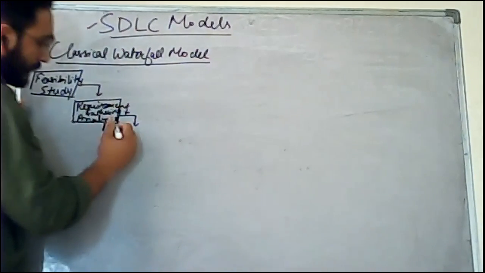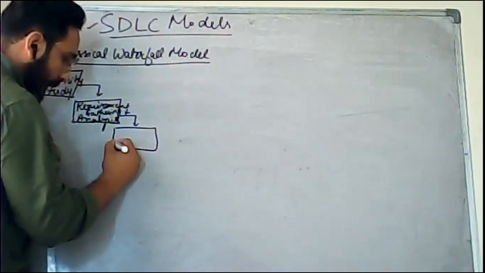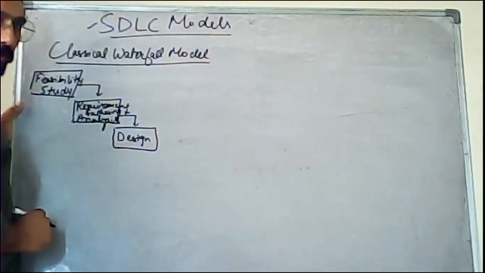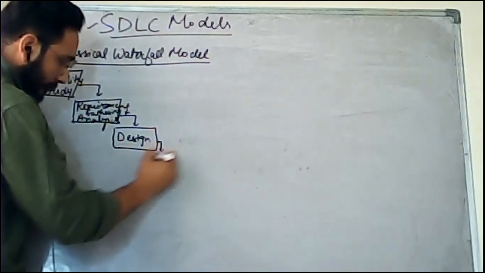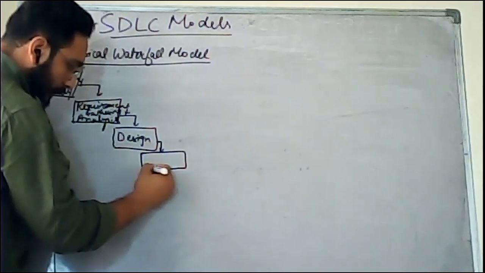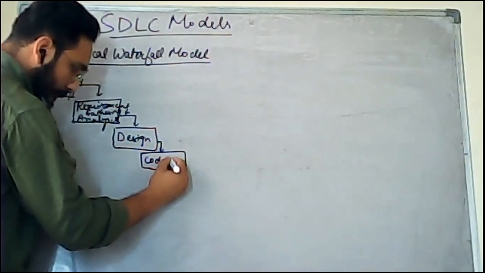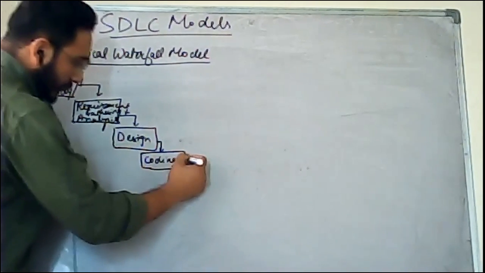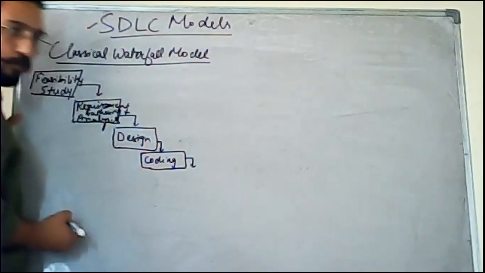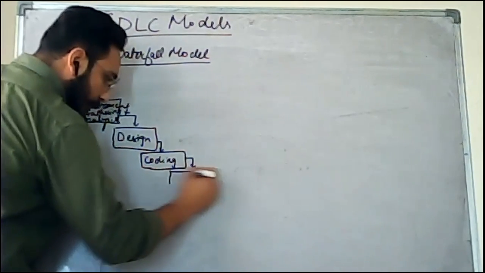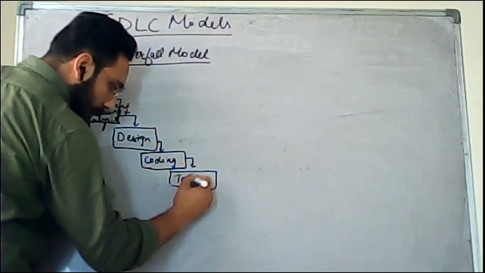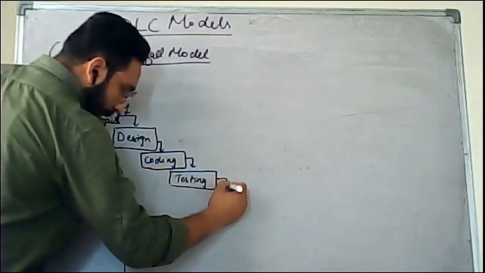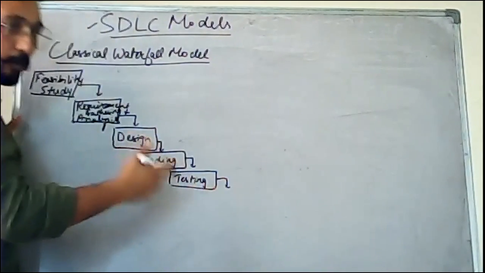If it is completed, then the next phase is your design phase. After completing this, go for the next phase. Then it is the coding phase, that is implementation, development. If it is completed, then go for the next phase, that is the testing phase. If it is completed, deploy the product.